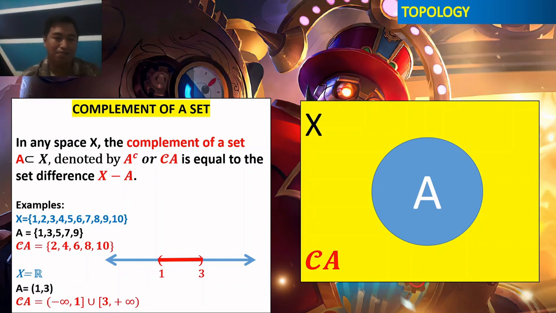Okay, so examples. If we have X which is equal to the space 1, 2, 3, 4, 5 to 10, and then our A is the set of odd numbers, so that is 1, 3, 5, 7, 9. So the complement of A contains the even numbers.